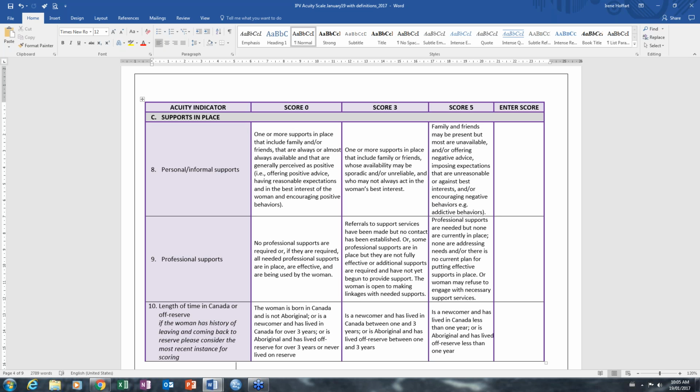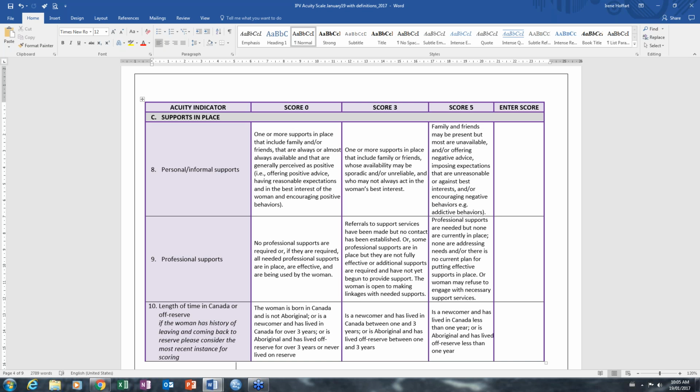So then the score of 0 would be for someone who is born in Canada and is not an Aboriginal person who might potentially be living on a reserve. Or this person is a newcomer but has lived in Canada for over 3 years, which means, based on literature, we know that 3 years is the time when they have probably established some supports.